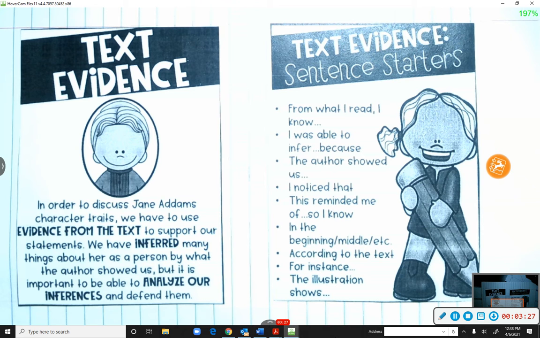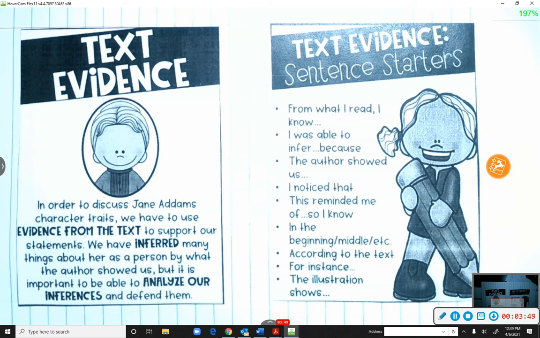So when you're talking about evidence with cops and robbers, what does that mean? You've got to find evidence to prove that they're guilty or innocent, okay? It's the same thing. Your evidence has to prove what you believe.